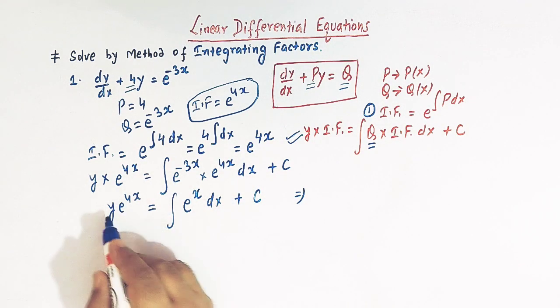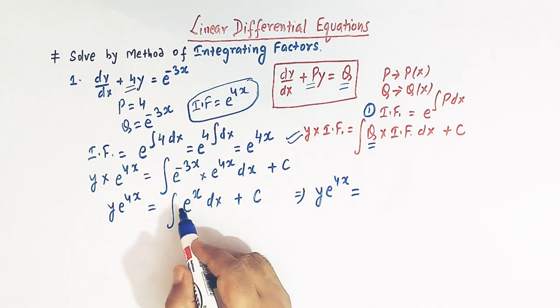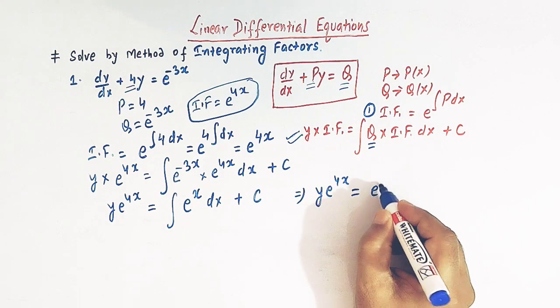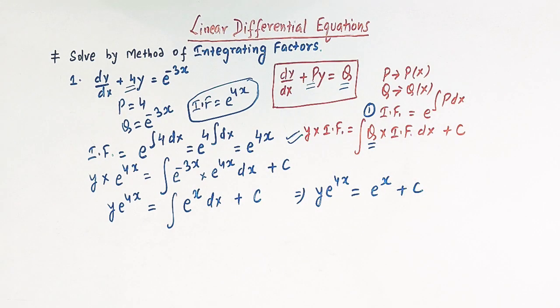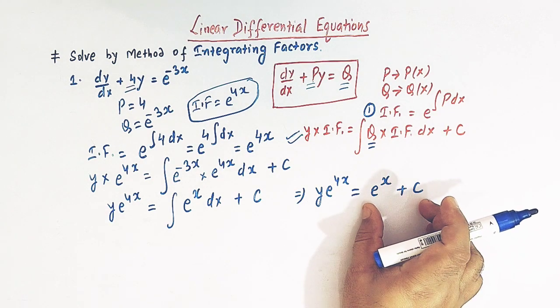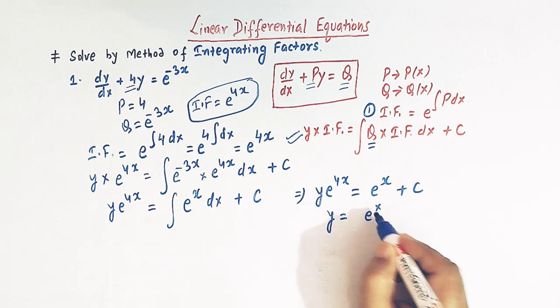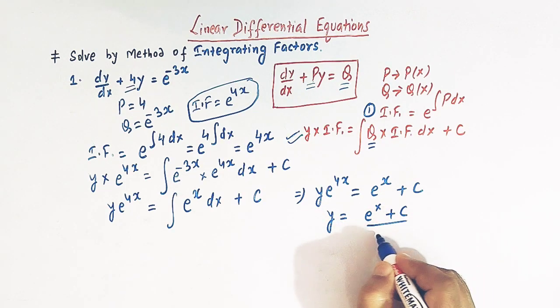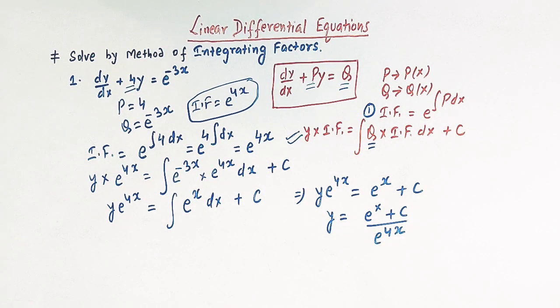So now we can write y e^(4x) equals the integral of e^x, which is simply e^x, plus c. Dividing by e^(4x), we have y equals e^x plus c over e^(4x).